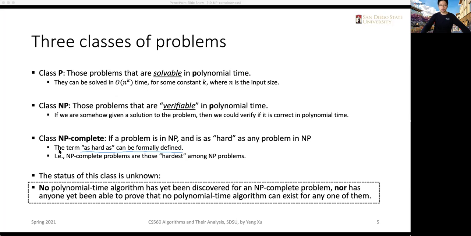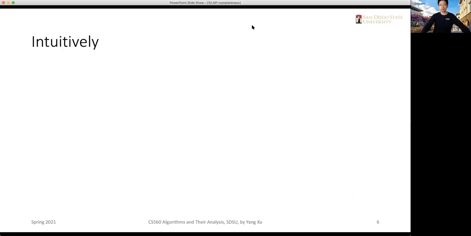We can use the 3CNF to define any type of NP-complete problems. So let's carry on and talk about some relationships.